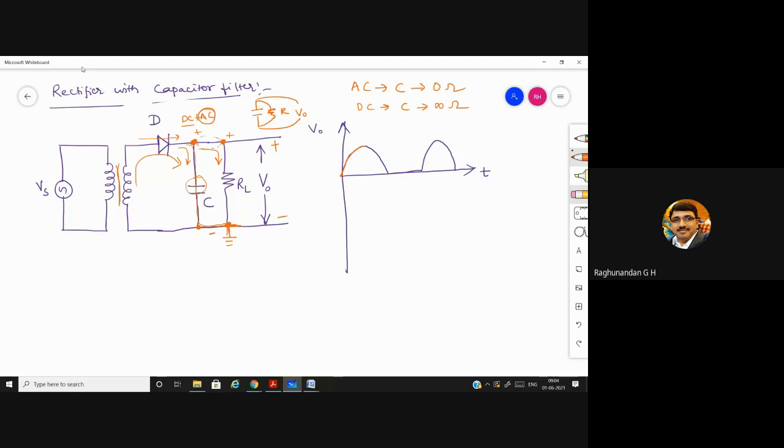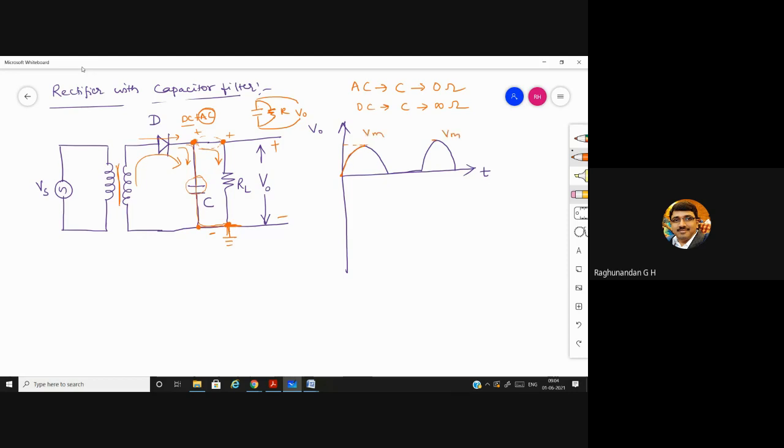By using the DC current, the capacitor starts charging, and it is going to charge to the peak value of this voltage. What is the peak value of this point? Vm, right? As we know, Vm is always the peak value.